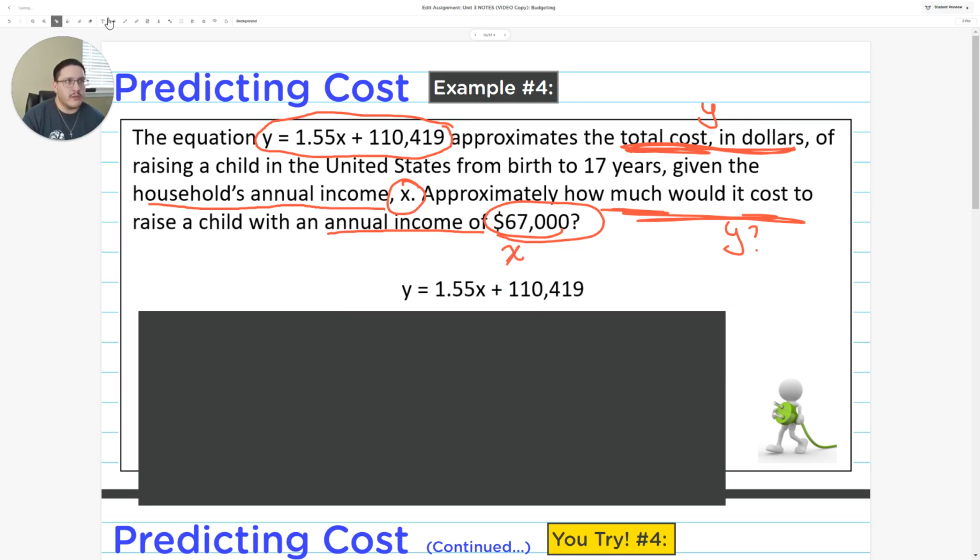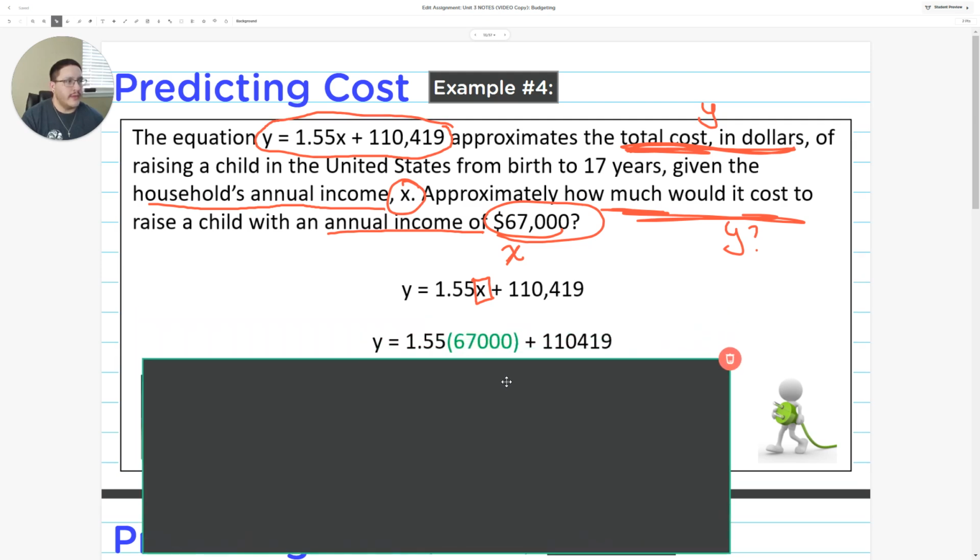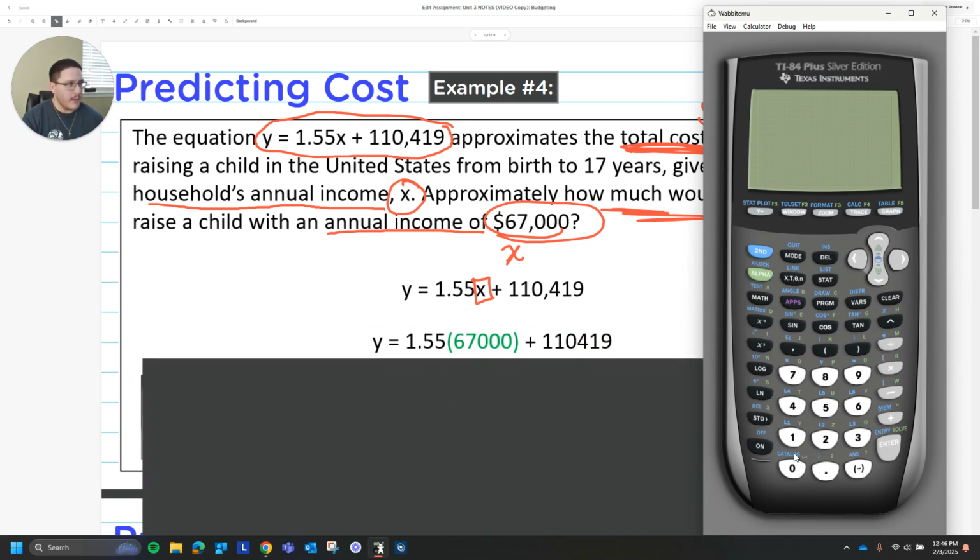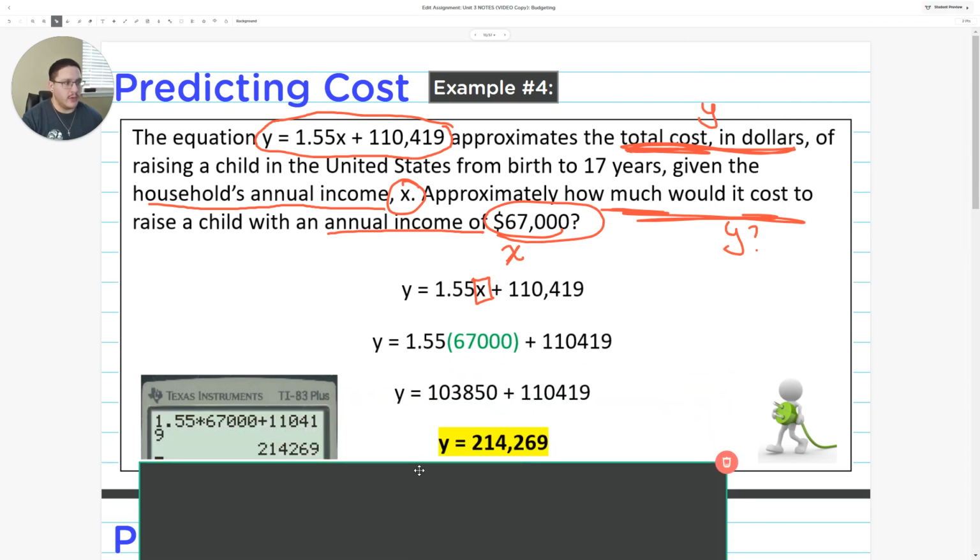So we're going to use that equation, replace X with $67,000, evaluated by plugging it into the calculator. 1.55 parentheses 67,000 plus 110,419, and $214,269 is our total.